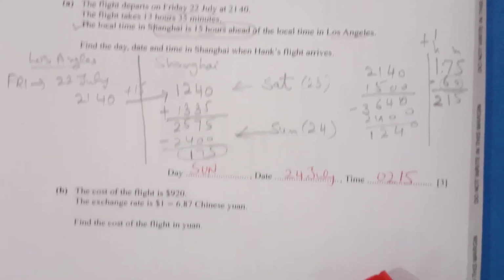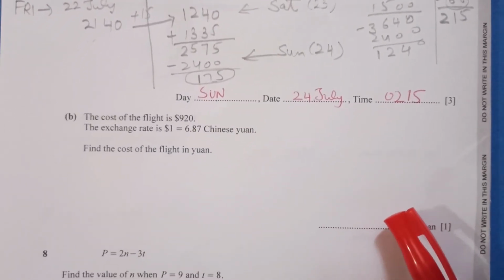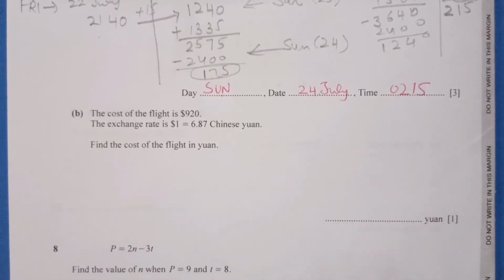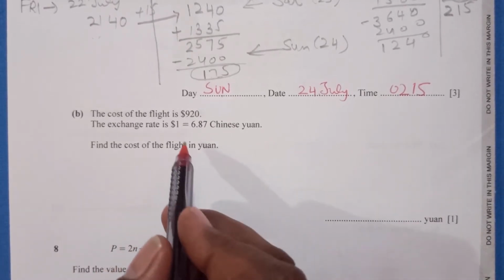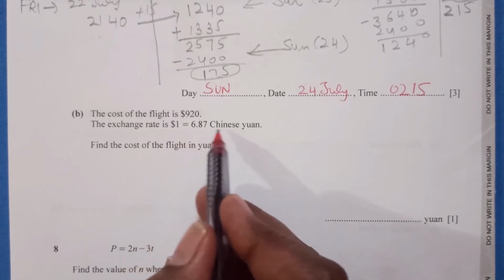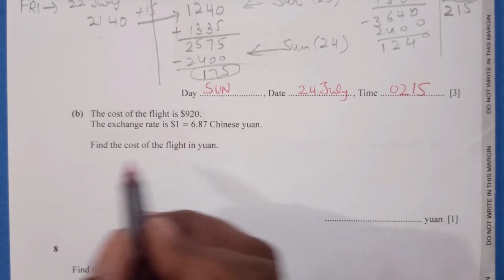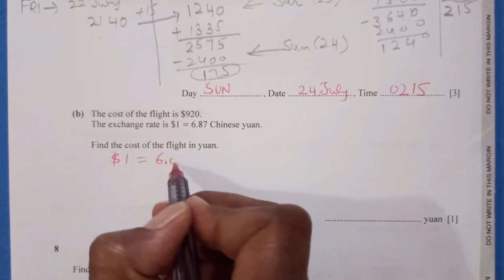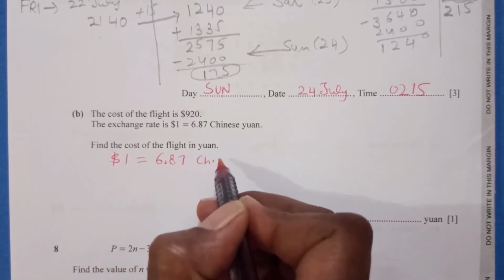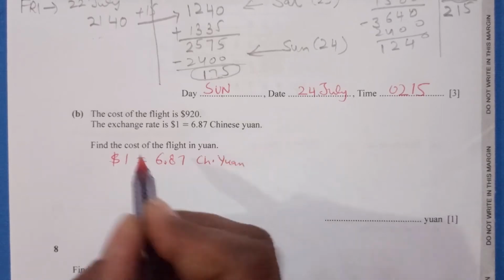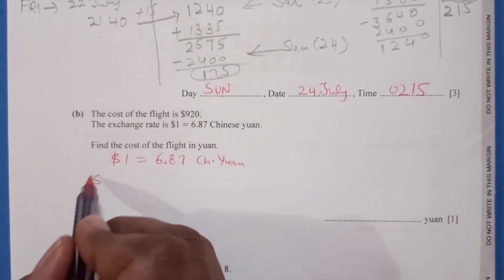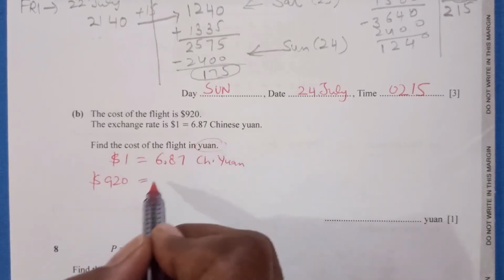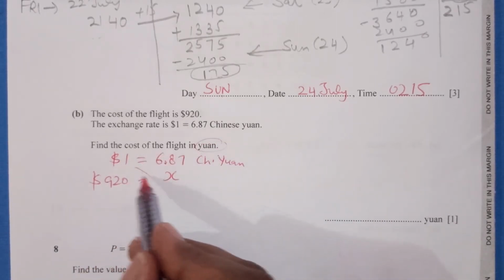to the flight, right? Now part B, the cost of the flight is $920. The exchange rate is $1 equals 6.87 Chinese yuan, right? So the cost is $920. Find the cost in yuan. So let's say this is x. Now just cross multiply.